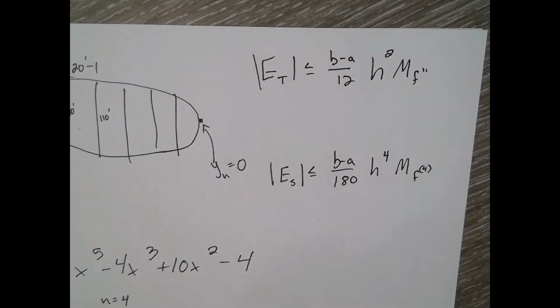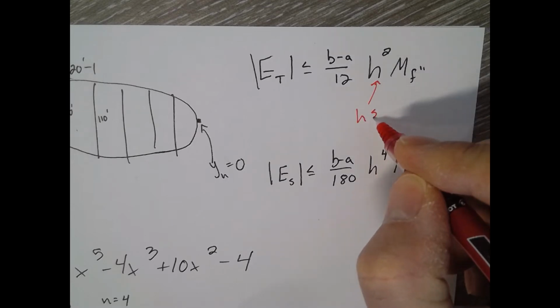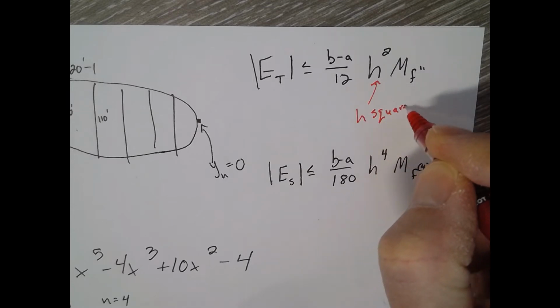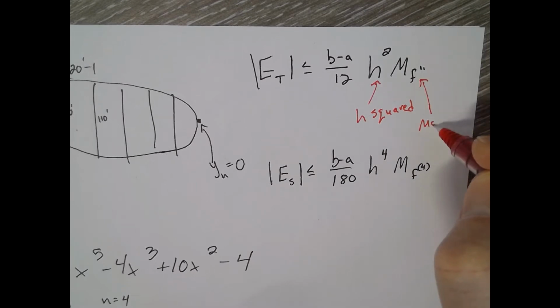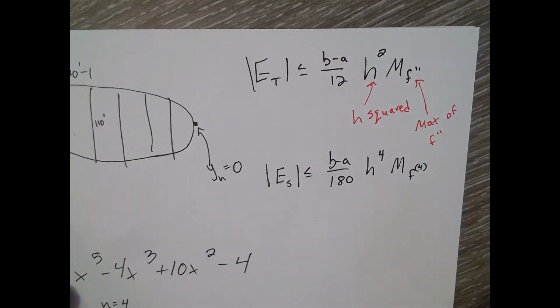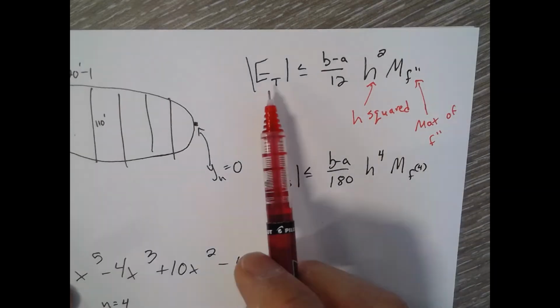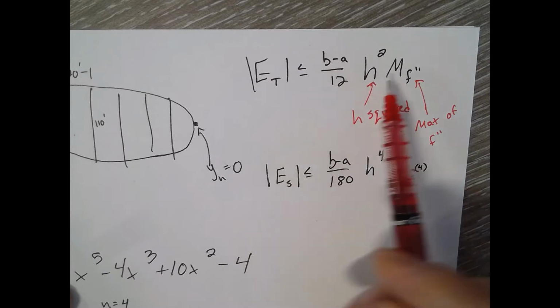That's not a subscript or anything, that is literally h squared. And this right here is the max of the second derivative of f. So it says that the error using the trapezoidal rule will always be less than or equal to this.